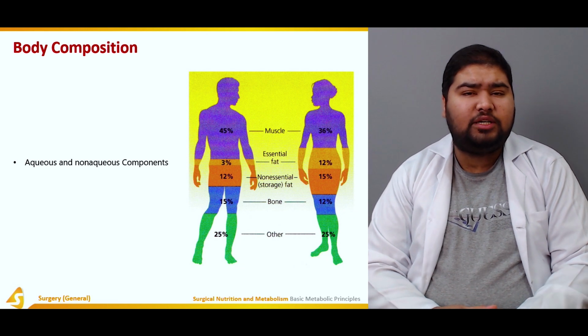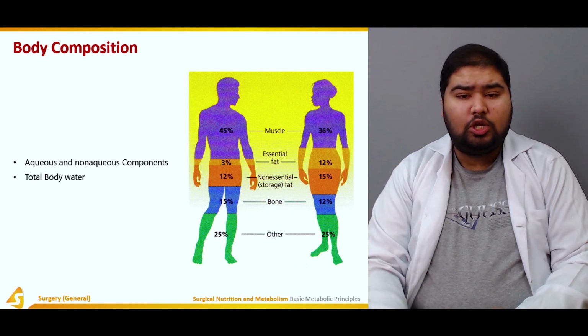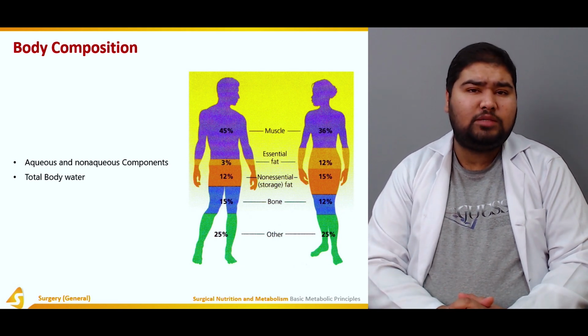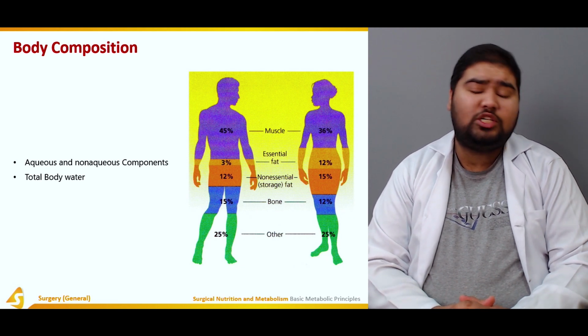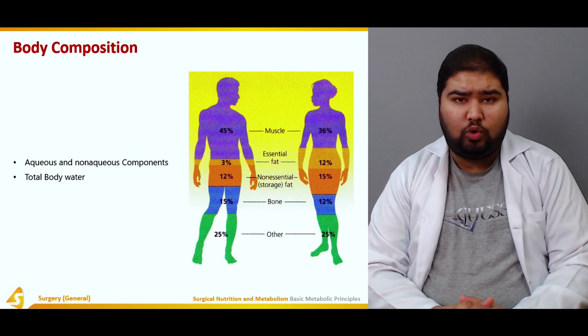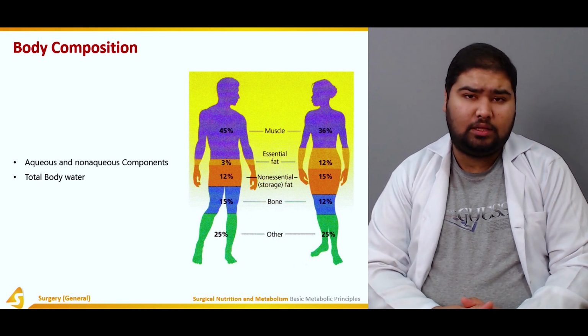The aqueous part is formed by the muscles and the miscellaneous components. To categorize the aqueous part, we use a term which is known as the total body water.